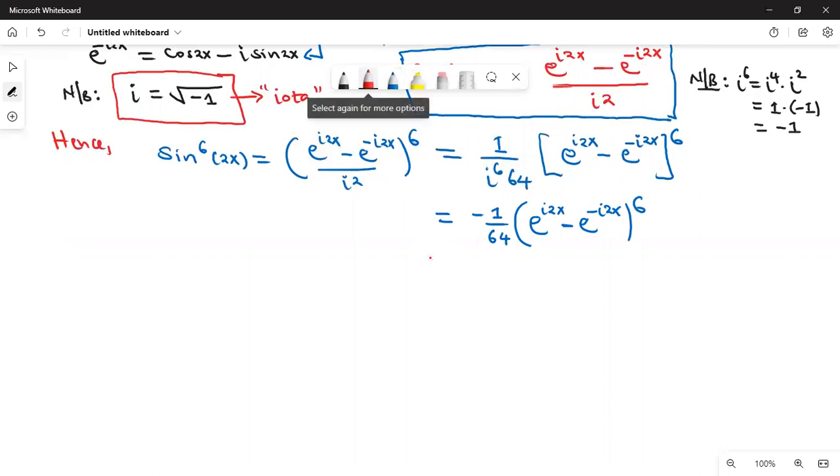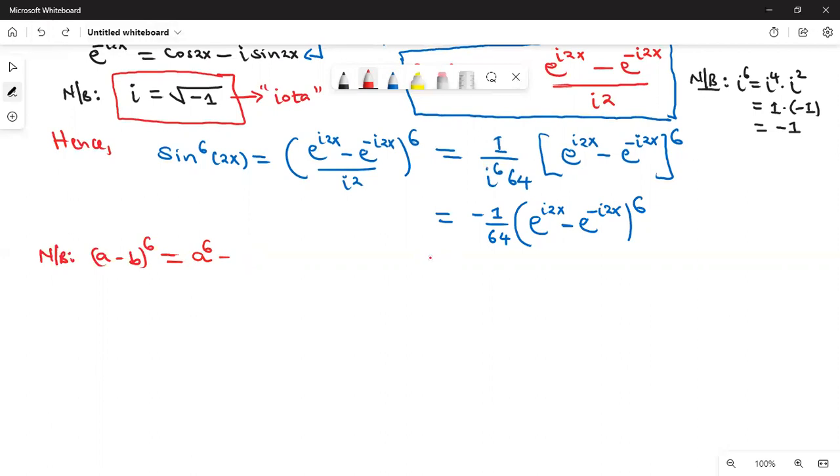Now take note again, binomial expansion. Take note that a minus b raised to 6 is the same as a raised to 6 minus a raised to 5 times b. Of course, the coefficient is 6. Let me write the coefficient.